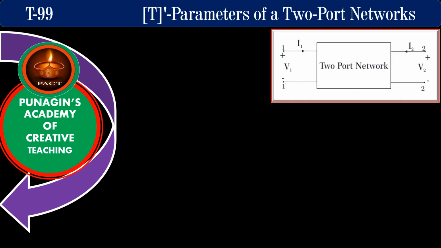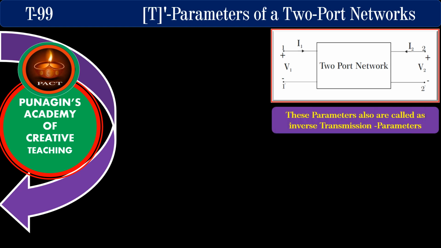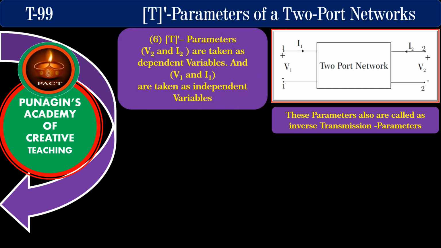Friends, finally, we shall discuss T prime parameters of a two-port network. These parameters are also called inverse transmission parameters. To obtain the inverse transmission parameters, we take V2 and I2 as dependent variables and V1 and I1 as independent variables.